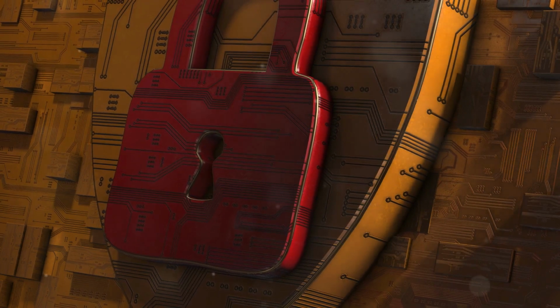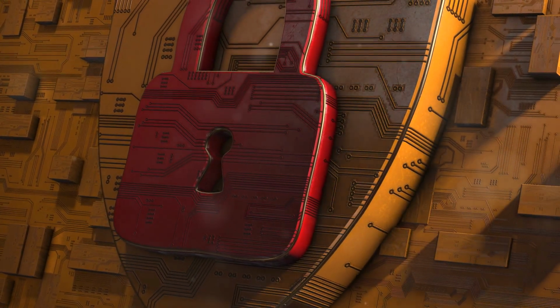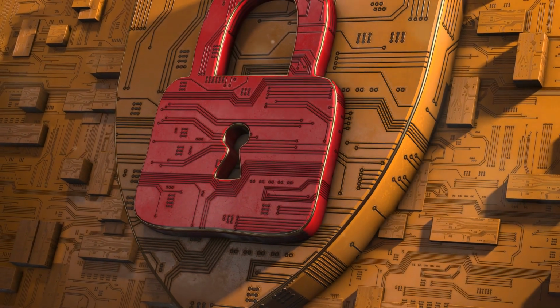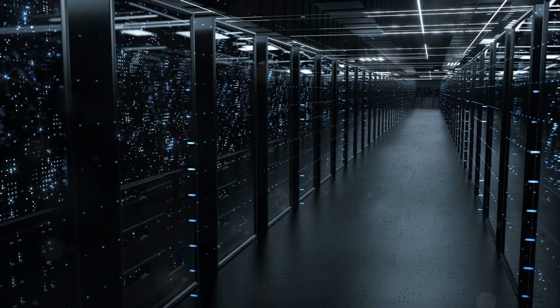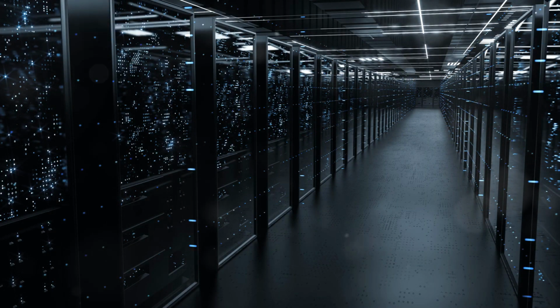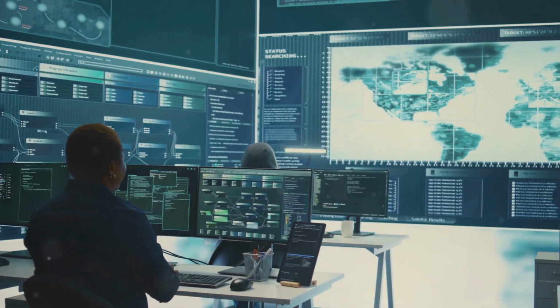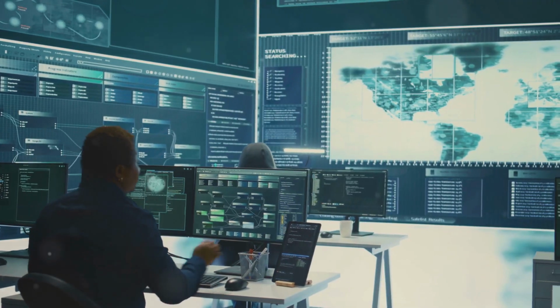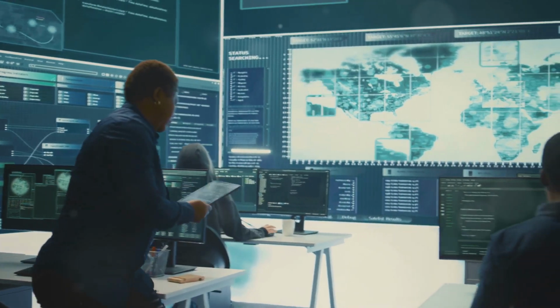Cybersecurity aims to protect sensitive information from unauthorized access, use, disclosure, disruption, modification, or destruction, ensure the confidentiality, integrity, and availability of digital assets, mitigate risks associated with cyber threats and vulnerabilities, and maintain compliance with relevant regulations and standards.